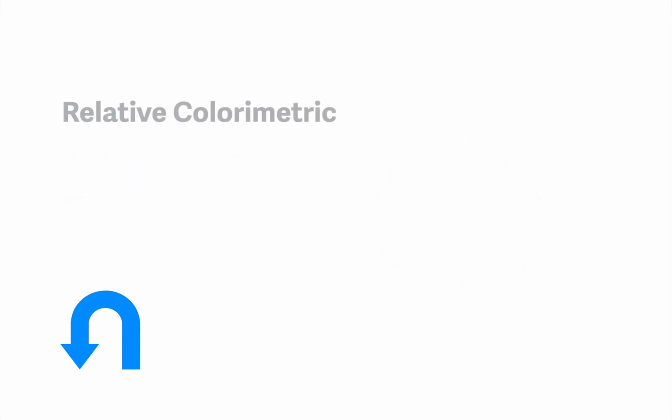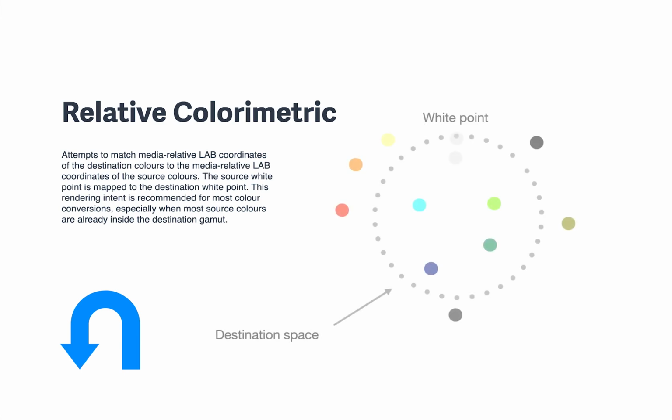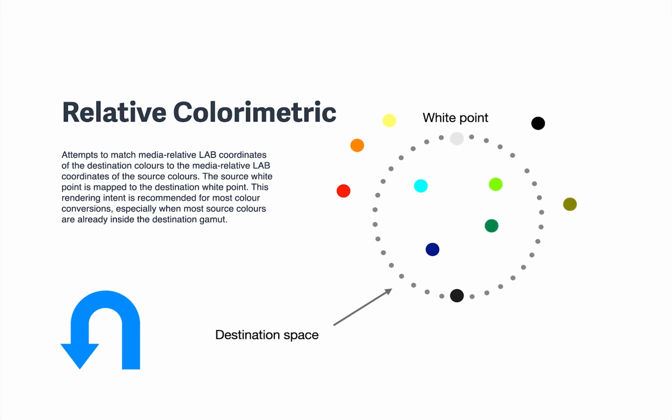On the other hand, relative colorimetric compares the extreme highlight of the source color space to that of the destination color space and shifts all colors accordingly. Out-of-gamut colors are shifted to the closest reproducible color in the destination color space.